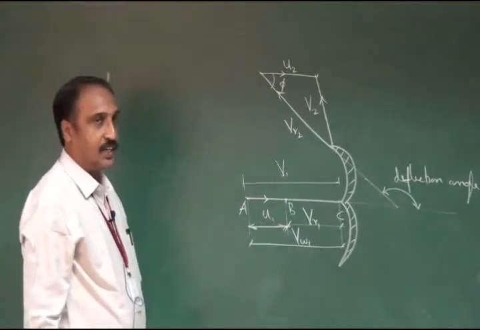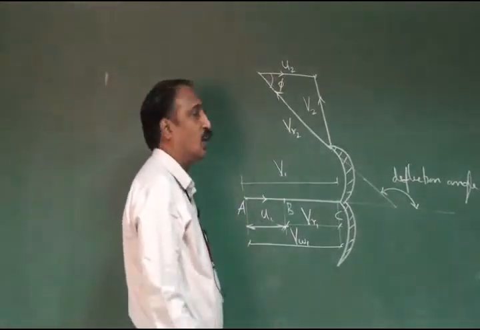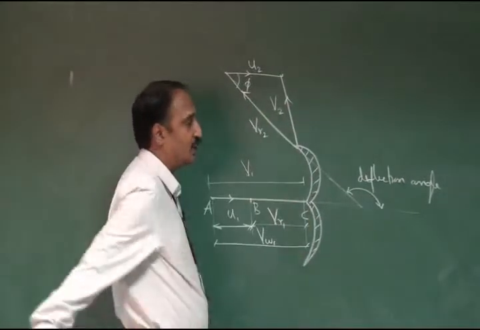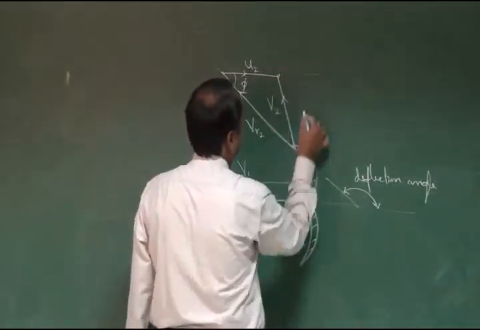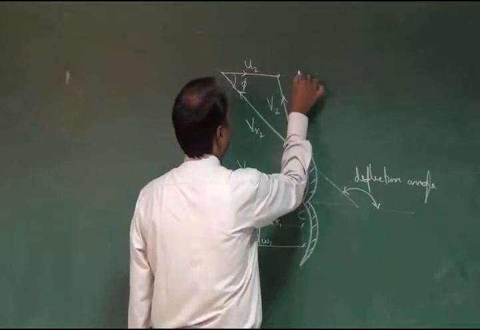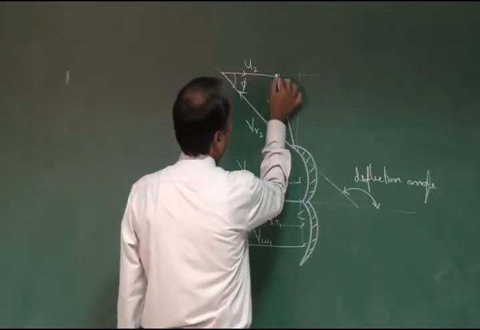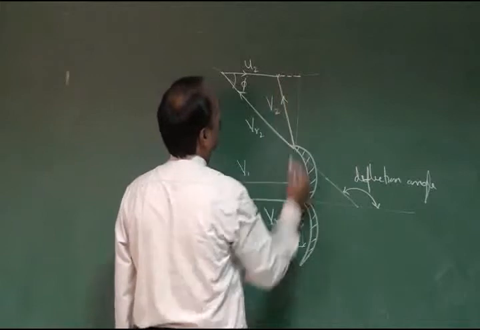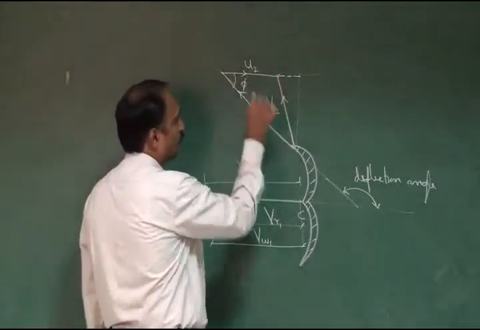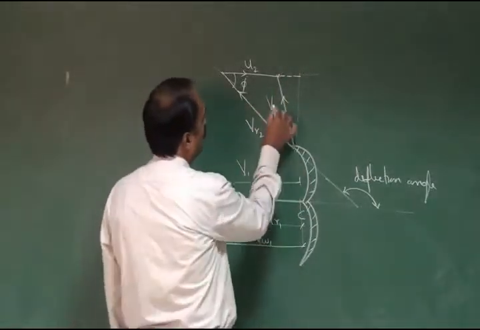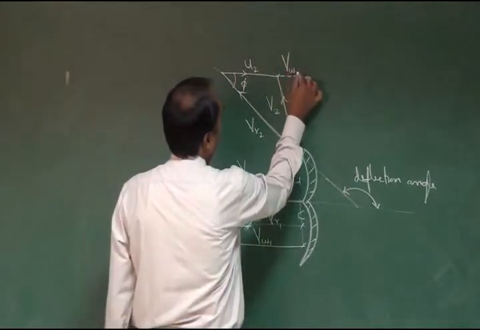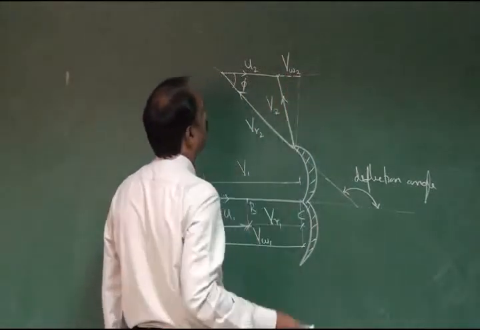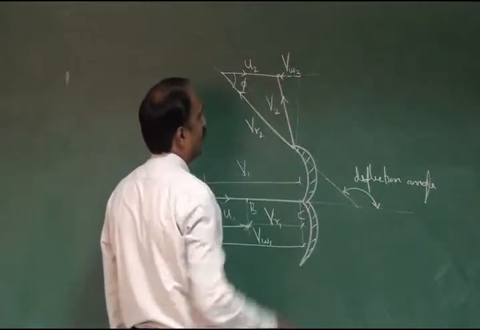Now we complete the velocity triangle by considering the components of the absolute velocity V2 at outlet. See, the horizontal line and vertical line. This horizontal segment gives us the velocity component of V2, which is termed as velocity of whirl at outlet, in reverse direction.